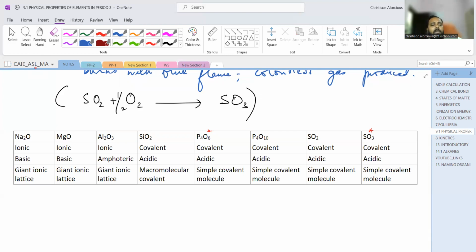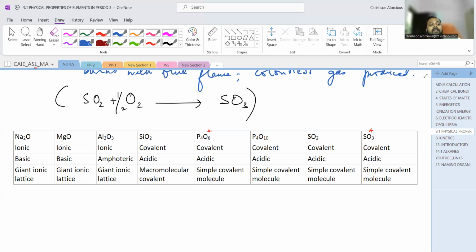For example, if you consider sodium oxide to be 100% ionic, magnesium oxide is ionic, but not 100%. You can say about 95% ionic, 5% covalent. With aluminum oxide, it goes to about 70-30, and so on. We'll not go into the details of it, but the trend is as you go from the left to the right, the oxides become less ionic and more covalent.